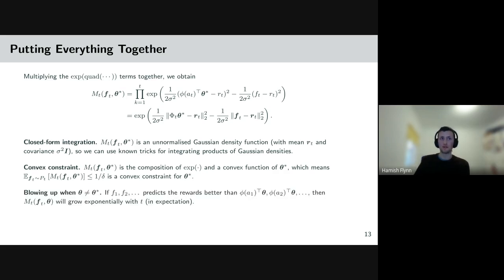And then finally, since M_t of f_t and theta essentially compares the squared error of theta and the squared error of our sequence of predictions f_t, we can see that the expected value of M_t will grow exponentially in t whenever f_t predicts the rewards better than theta. So in summary, this seems like quite a nice choice for M.